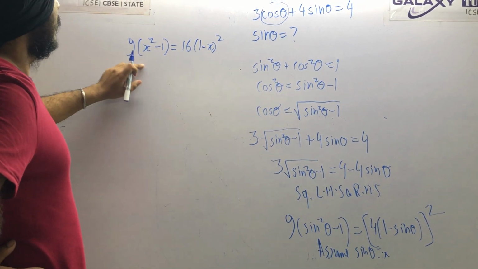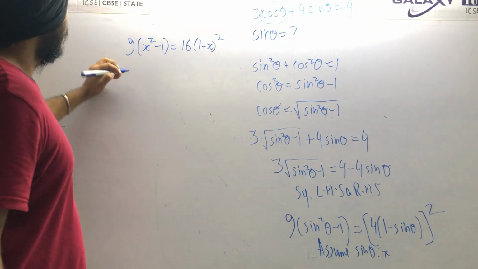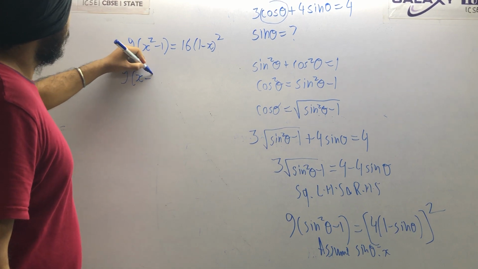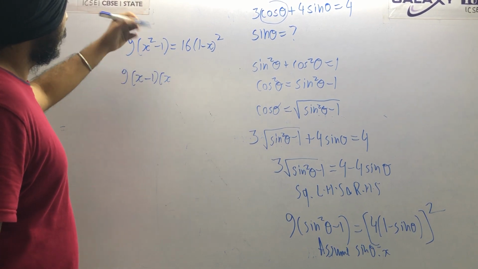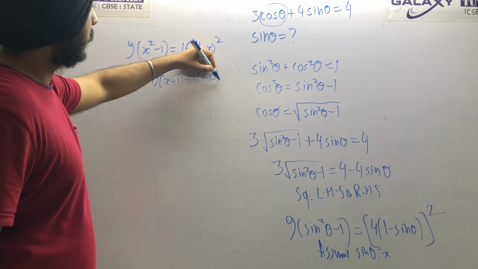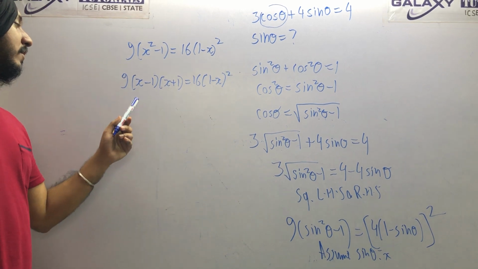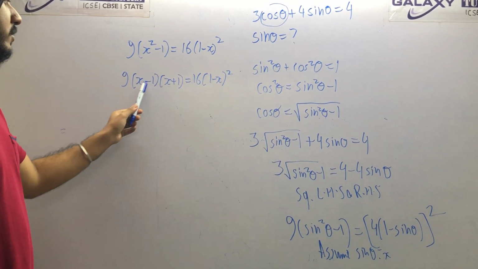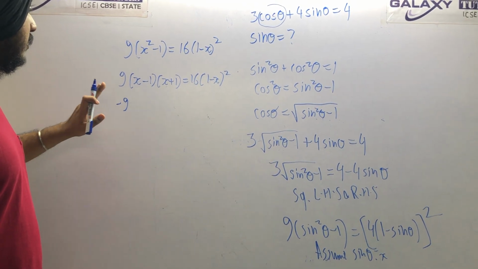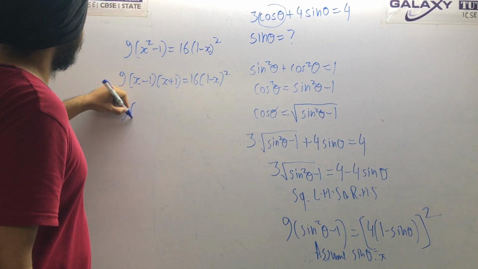Now see carefully what I can write. This is 1 minus x square. It will be a square minus b square is equal to a minus b, a plus b. This one you can write as it is. Now I will do one more thing. I will take out minus 1 common from x minus 1, and write the rest as it is.